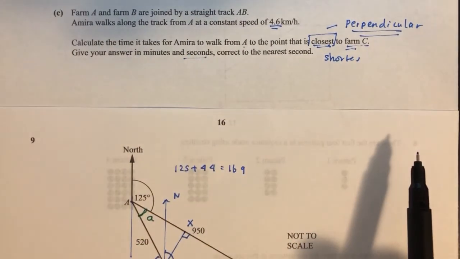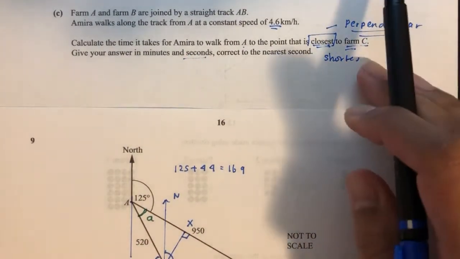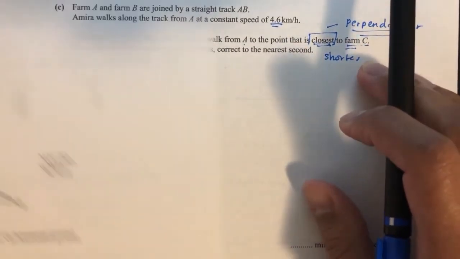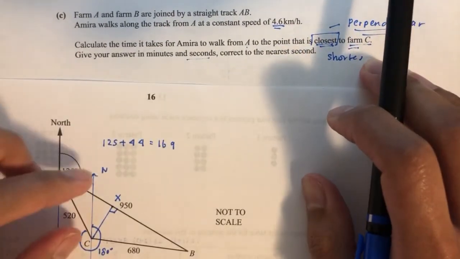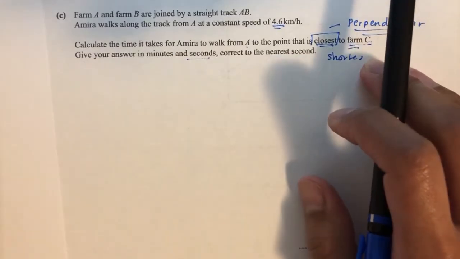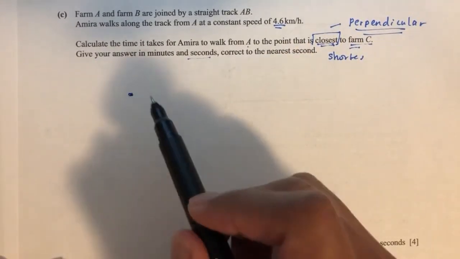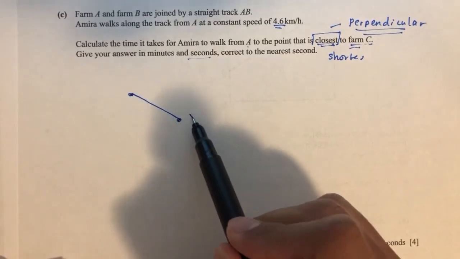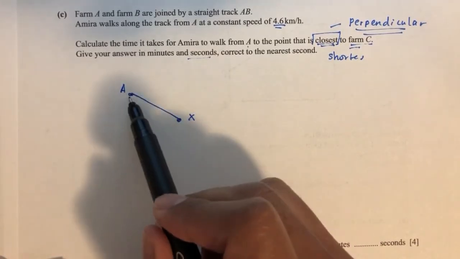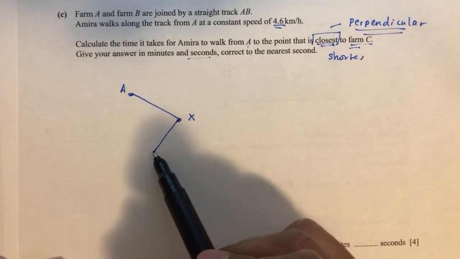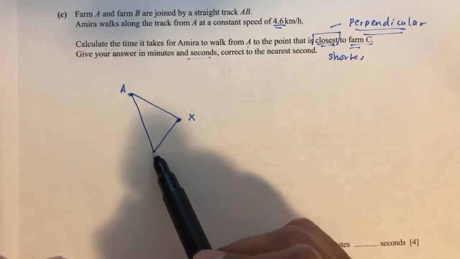So let's draw this drawing on this side so we have a better understanding. I will put this on this side so we know what's happening on the same page. This is A and this is X, and this is the point C, and this is AX.